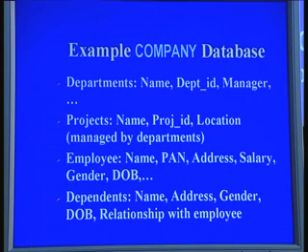So what this says is that all these names before the colon, like departments, projects, are entity types, okay. They are different entities. A department is an entity, a project is an entity, employee is an entity and so on. But the ones after the colon, like name or manager or location and so on, are what are called attributes of this entity, okay.